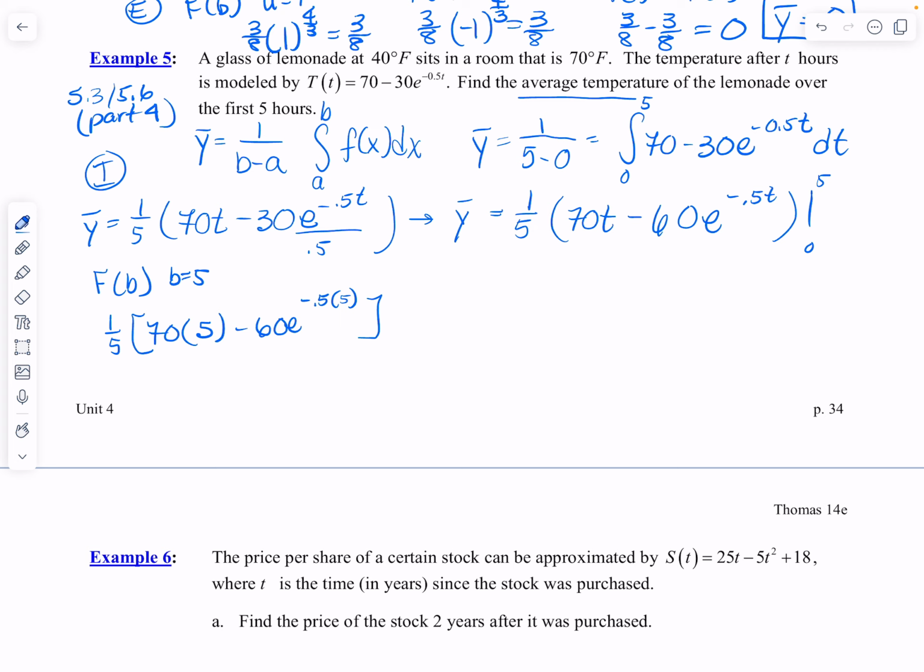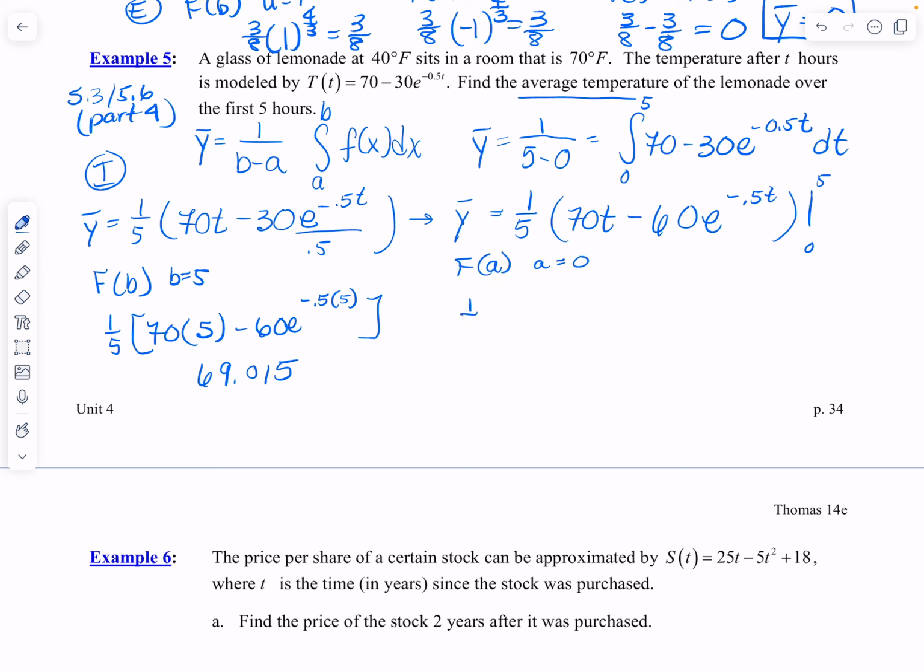Remember, that is negative 2.5. I'm just making sure everything's okay. 1/5 is 0.2, 350 minus 60e raised to the negative 2.5. I hit enter, and when I did that, I got 69.015.